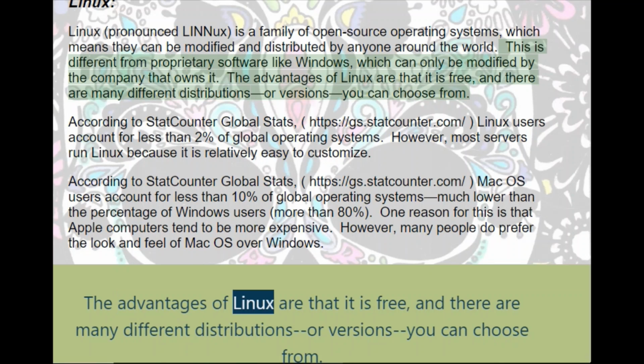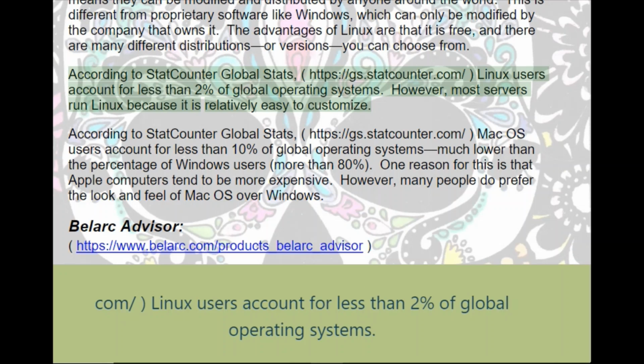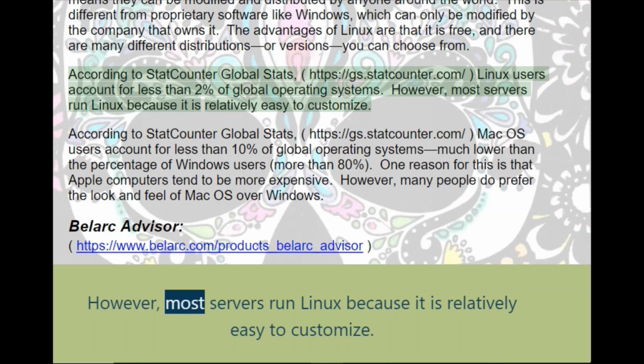The advantages of Linux are that it is free, and there are many different distributions or versions you can choose from. According to StatCounter Global Stats, gs.statcounter.com, Linux users account for less than 2% of global operating systems. However, most servers run Linux because it is relatively easy to customize.